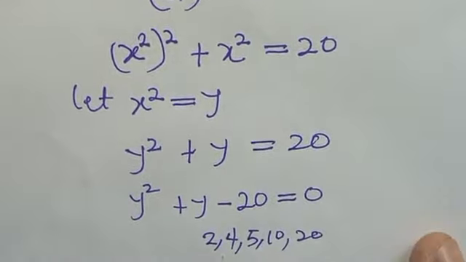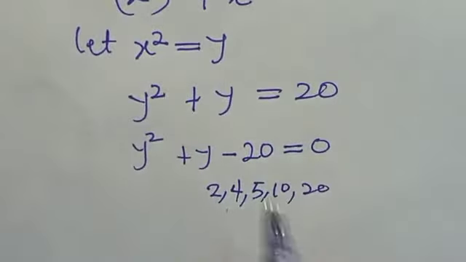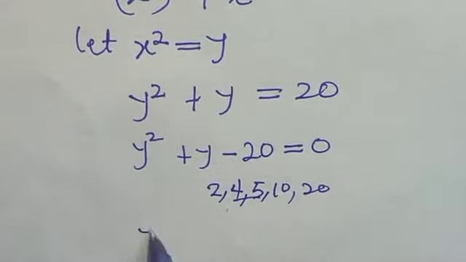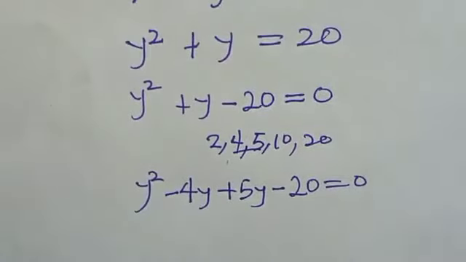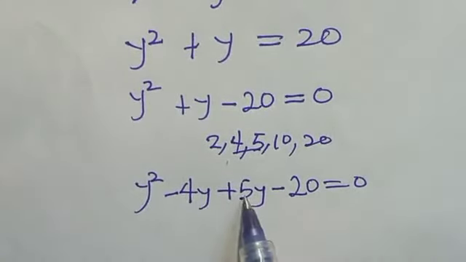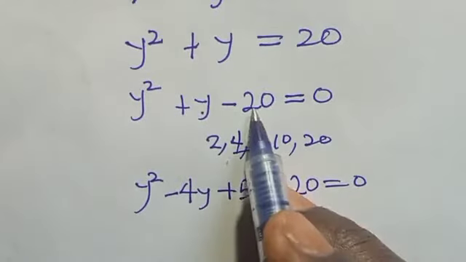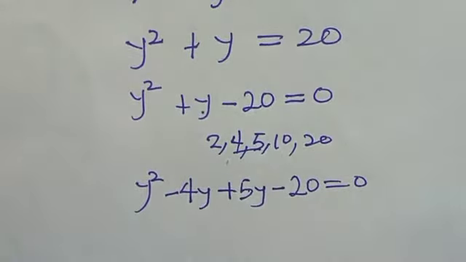And from here, obviously, 4 and 5 will serve that purpose. So our equation will become y squared minus 4y plus 5y minus 20 equals 0. So minus 4 plus 5 will give us 1. Minus 4 times 5 will give us minus 20, and that is fine.